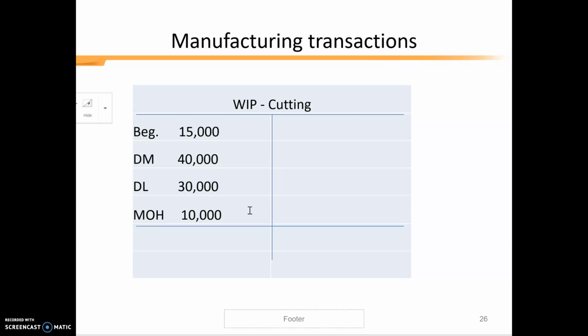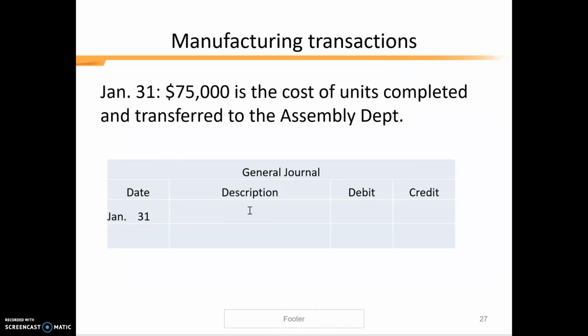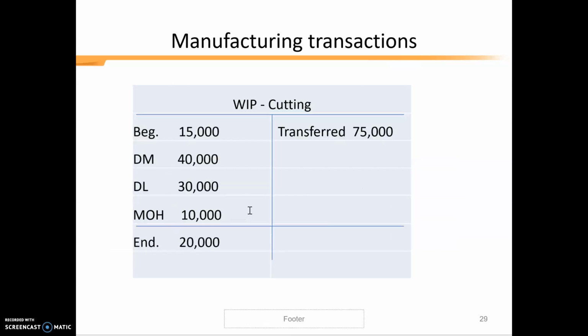So now we're at the end of the period, and 75,000 was the cost of the units that were completed and transferred to the assembly department. So these costs are going to come out of the work in process inventory for cutting and go into the work in process inventory for assembly. So we can see we debited the work in process assembly, credit work in process for cutting.